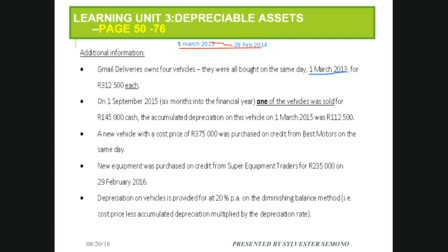Use your calculator, how much do you get? 312,500 times 0.2 is 62,500. You get the same as I got.